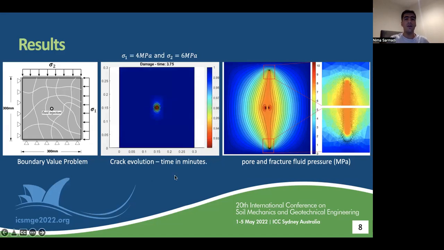As you see from the crack evolution video, the crack starts growing in the direction of far-field confining stresses, and that is compatible with the fundamentals of fracture mechanics.